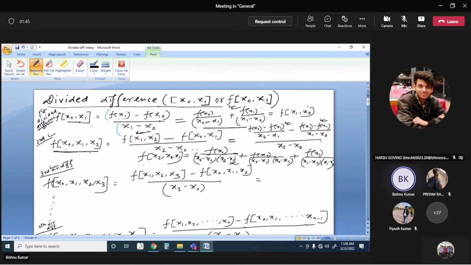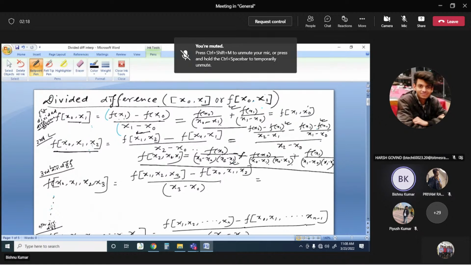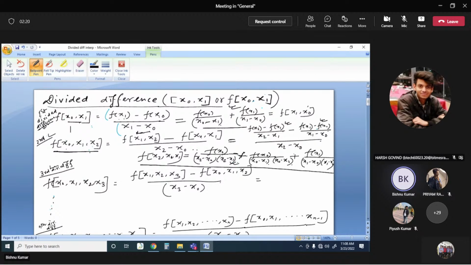After this rearrangement, it looks like this: f of x2 by x2 minus x0, x2 minus x1, plus f of x0 by x0 minus x1, x0 minus x2, plus f of x1 by x1 minus x0, x1 minus x2. So you see, these all three terms are additions. Any term I can write in first, second, or third position. With respect to addition, place interchange means it satisfies the commutative property. So the value is the same. Any value I interchange, I will get the same value. Okay.